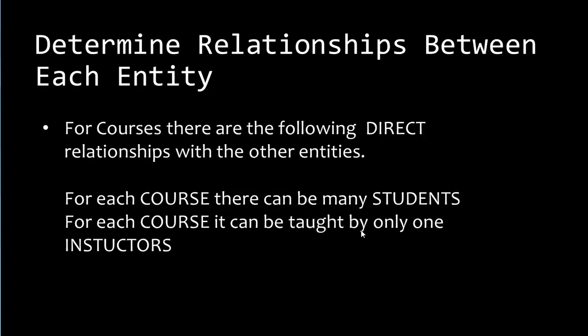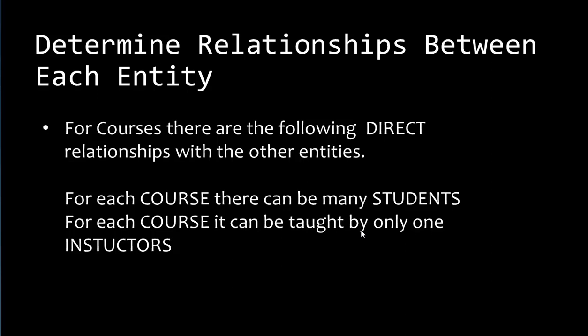For courses, the following direct relationships are these. For each course, it can be many students. Okay? For each course, it can be taught by only one instructor. So when we look at students, students can take many courses. And now we're saying for each course, there could be many students. Well, that makes sense. There's usually more than one student that signs up for a course, hopefully.